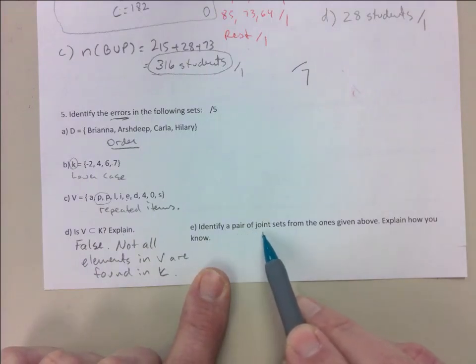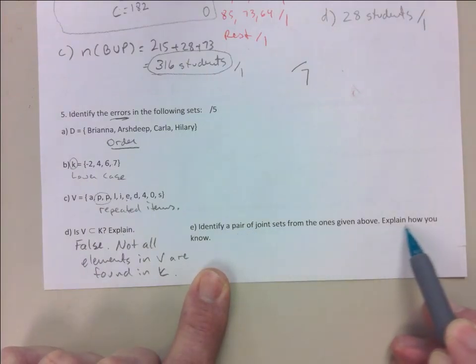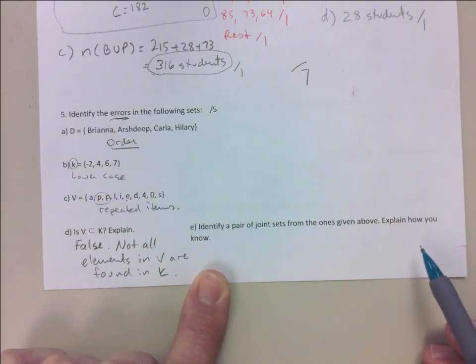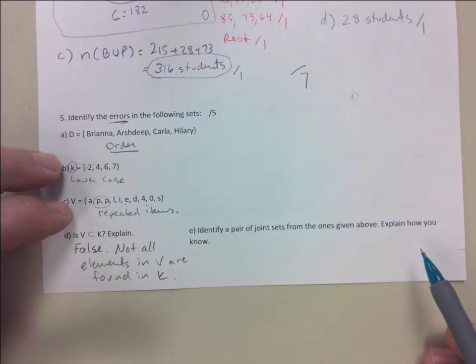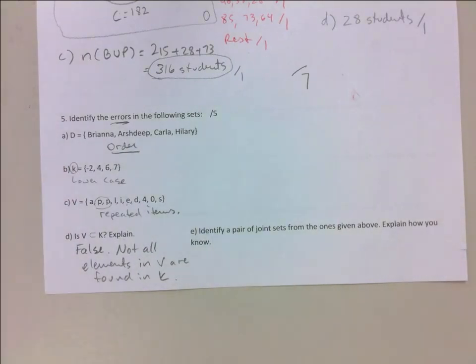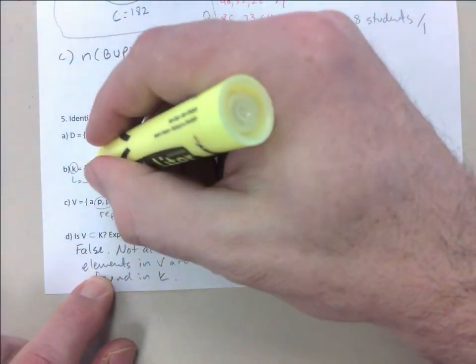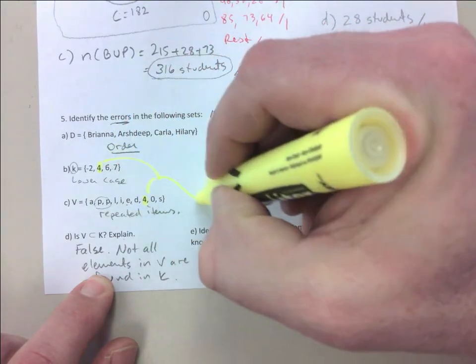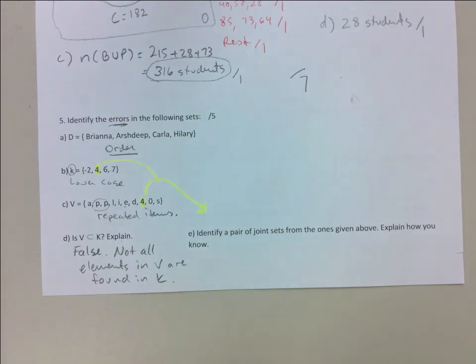Identify a pair of joint sets from the ones given above. Explain how you know. These two are joined, right? Because they're sharing the 4. They're joined.